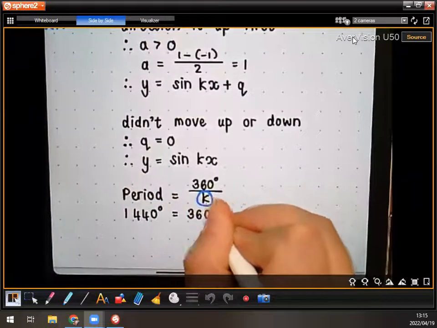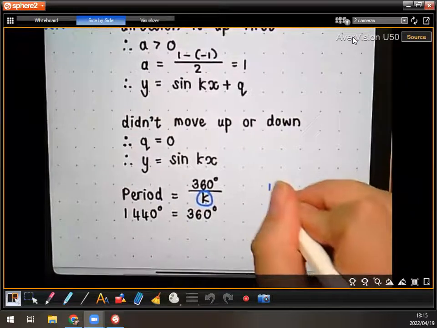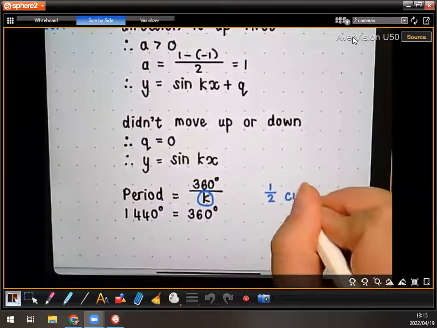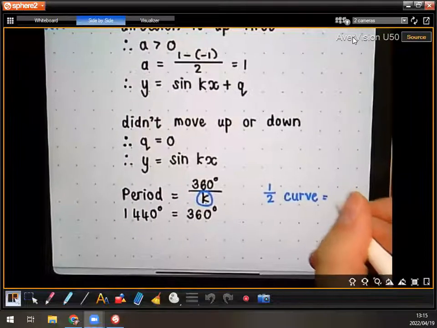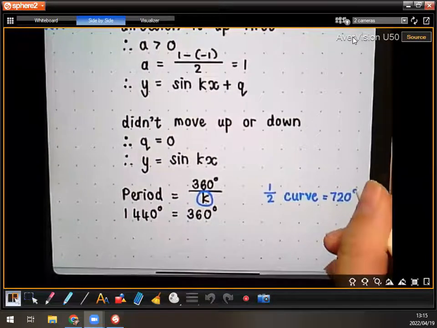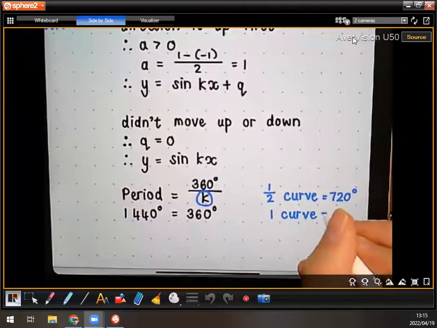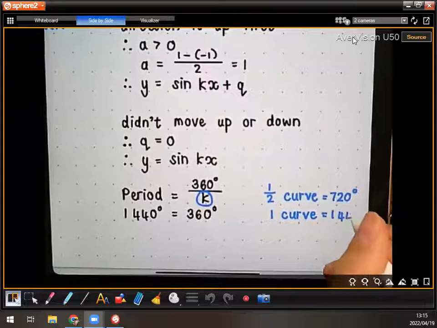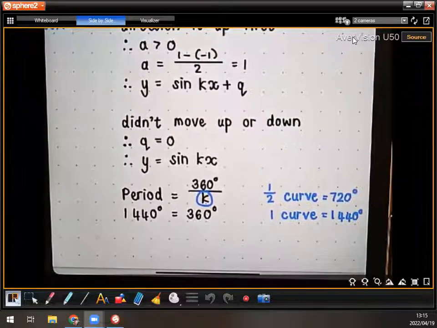I will write a little note on where we're actually getting that from. So we have half a curve in 720, so one curve will be 1,440. Okay, that's where we're getting that from. But that's difficult to see, guys. That's quite a tricky one. I'm sorry, over k, hey?